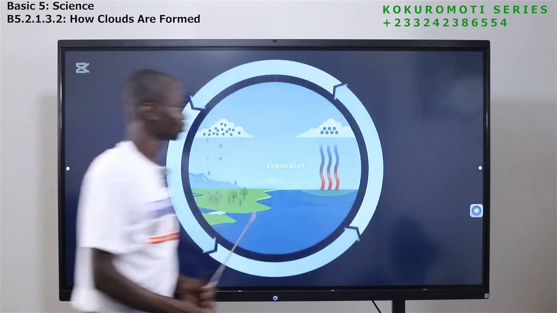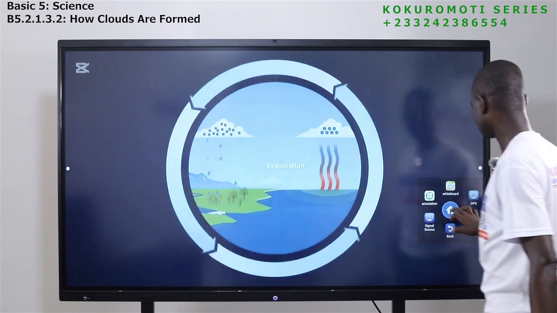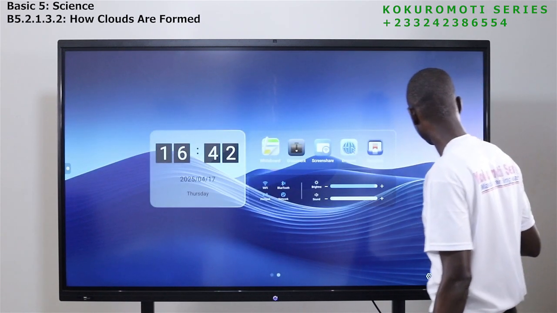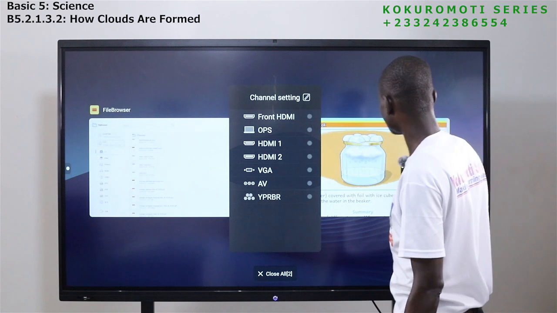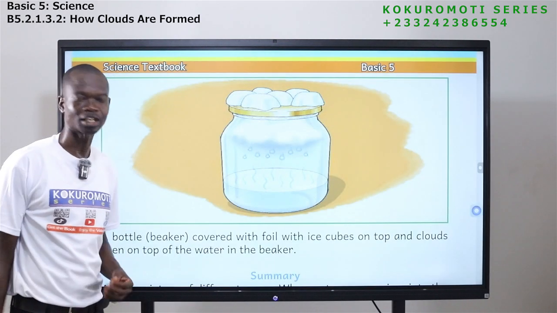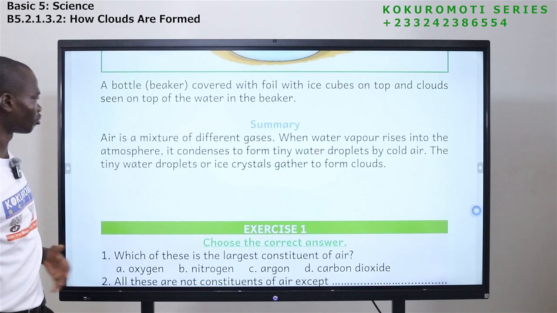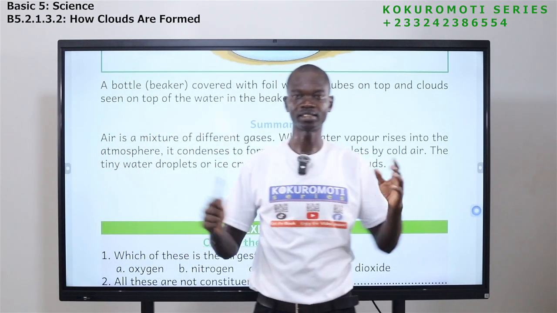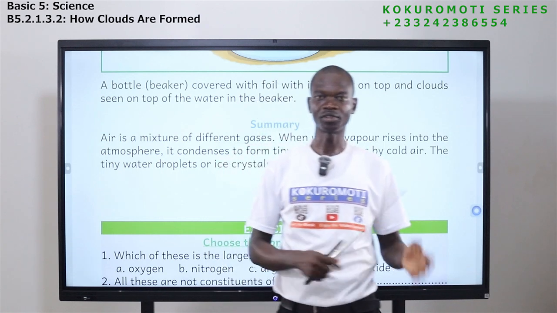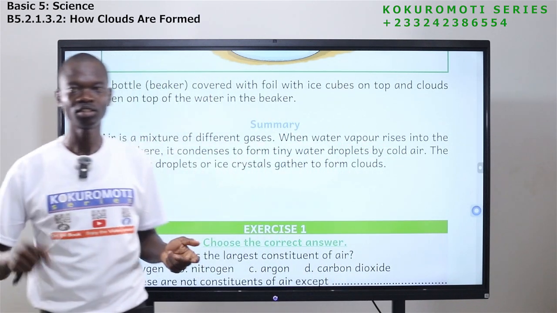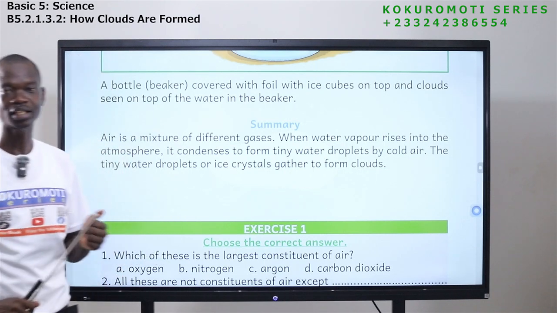Okay. So we are coming to the end of the lesson. And what have we learned today? We have learned about how clouds are what? Formed. We have seen air. We are saying that air is a mixture of what? Gases. And we have different gases: nitrogen, oxygen, rare gases, carbon dioxide.